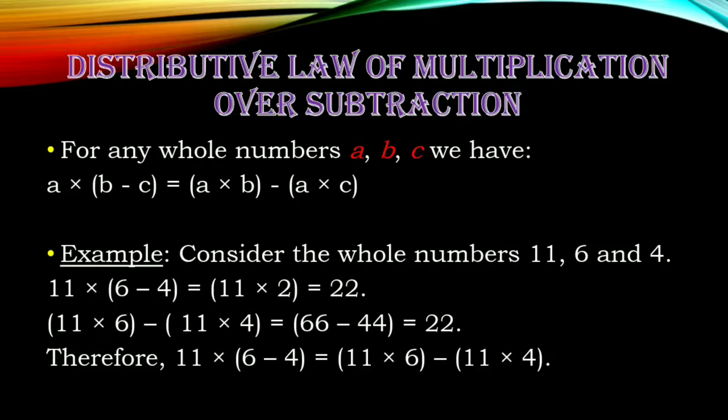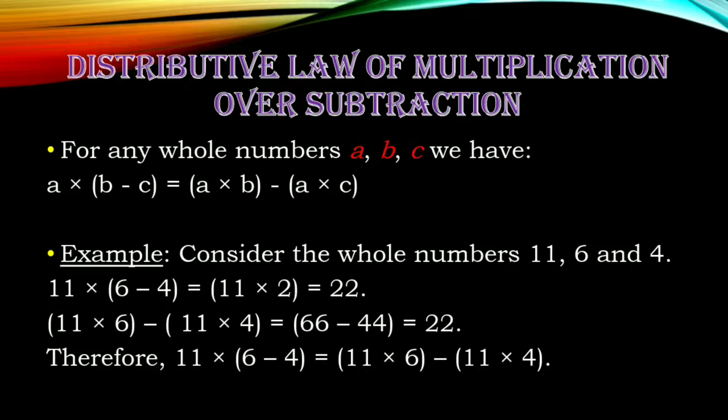Again, if we multiply 11 by 6, the product comes out to be 66. And when 11 is multiplied to 4, the product is 44. When 44 is subtracted from 66, the difference comes out to be 22, which is the same as was in the previous case.